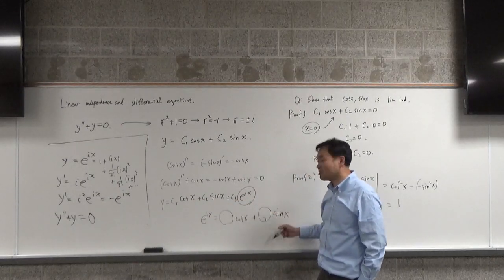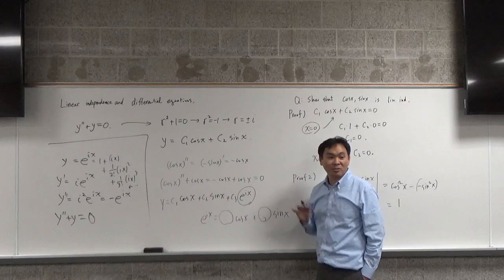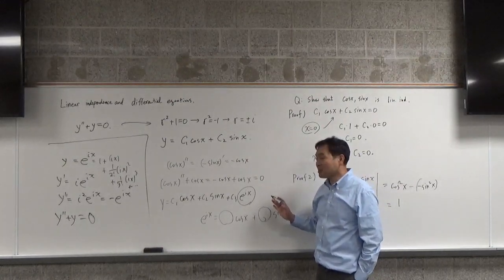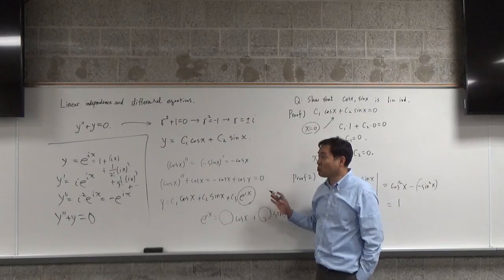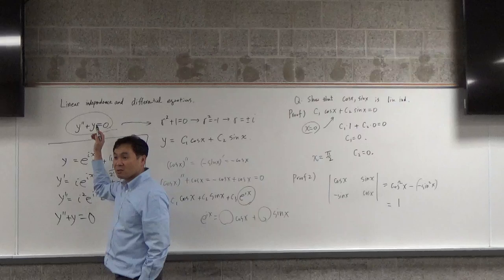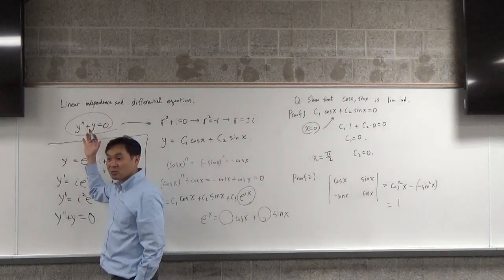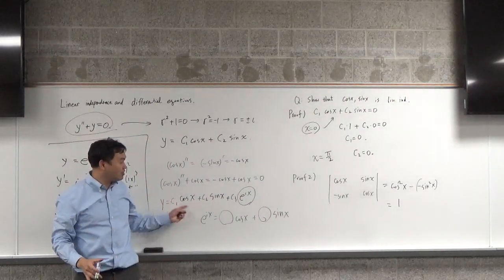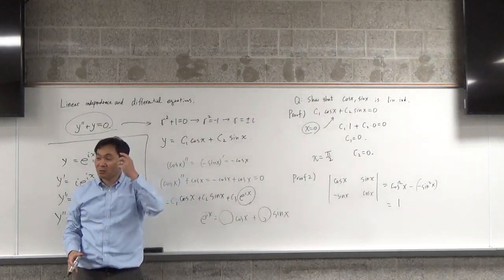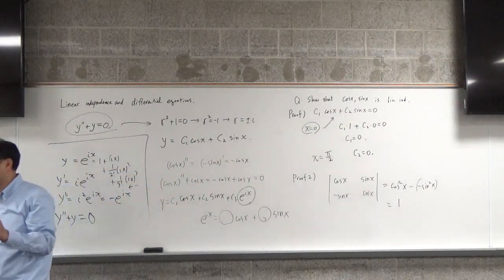If it's dependent, this is what we have. You got that so far? I want to say that this is an important consideration if you're really trying to find all the solutions of this. It's important to know if this is the general solution or this is the general solution, right? So linear independence in this context is a very important thing.